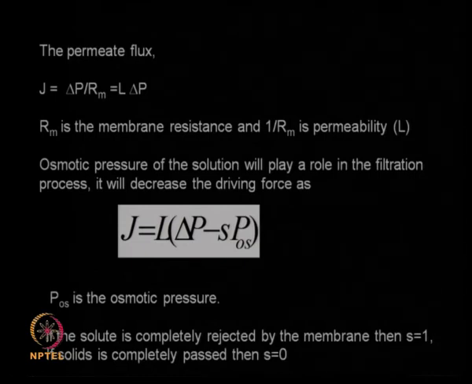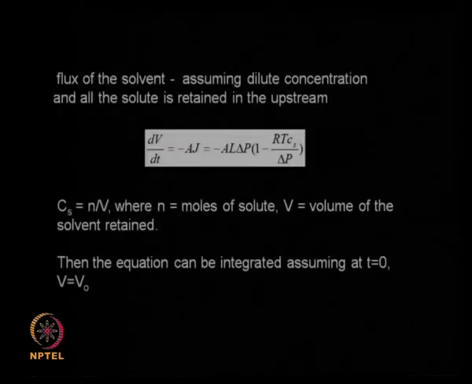So, different membrane materials may have different L values. Generally, the manufacturer provides us with the value for L. Now, let us look at the flux of the solvent. The flux of the solvent will be dV by dt, that is the volume of the solvent retained, which is equal to minus AJ. J is your flux, A is the area.